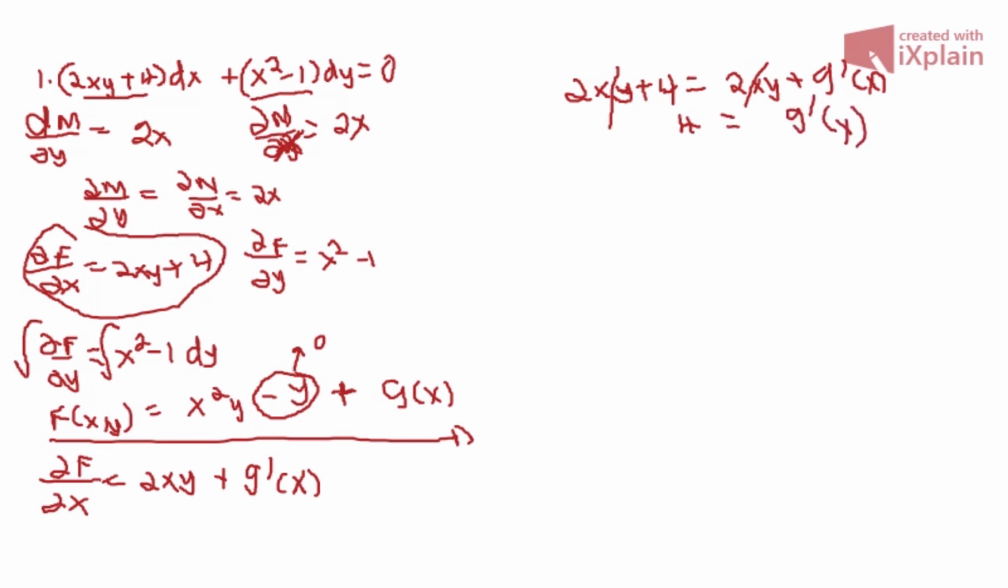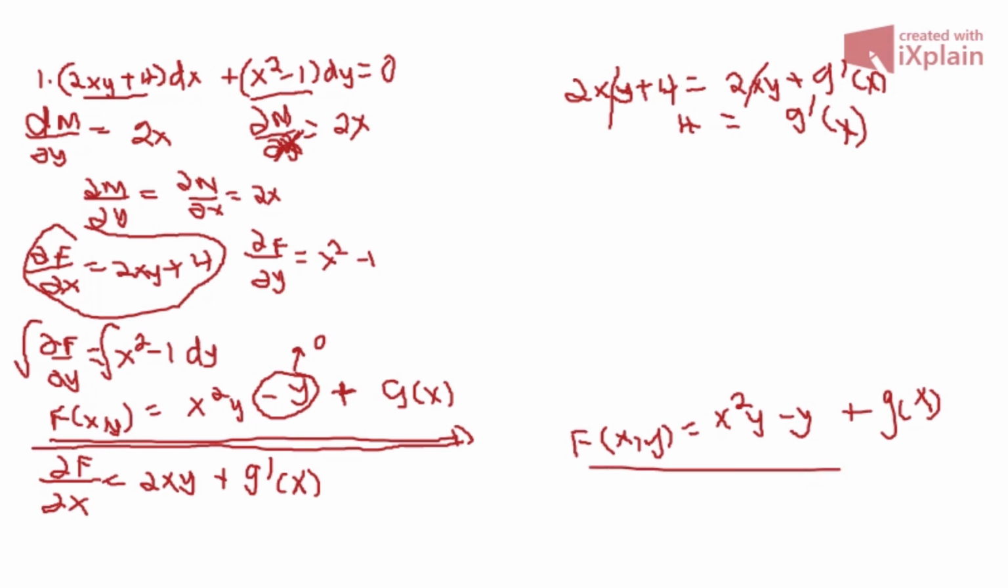So from there, we need to solve for g of x, because I said this is the most important step. So our final answer is going to be f of xy is equals to x squared y minus y plus g of x.